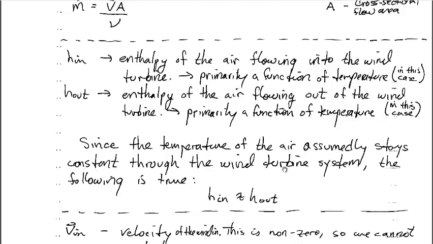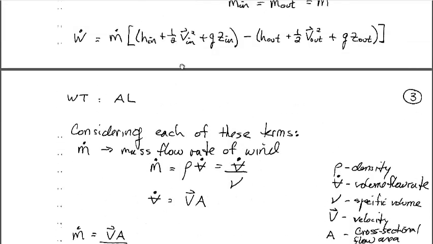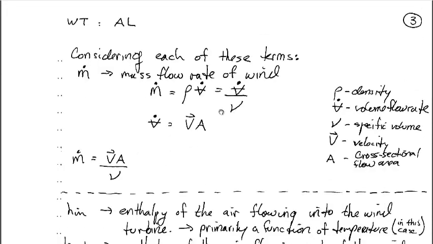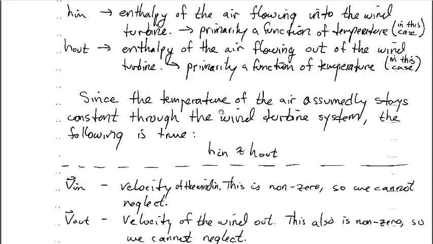Because enthalpy of the air is primarily a function of temperature, and the temperature isn't changing, the enthalpy of the air is not changing. In other words, the enthalpy of the air into the control system is about the same as the enthalpy of the air out. Because these two terms negate each other, H in minus H out, we'll be able to cancel these two terms from our first law formulation.